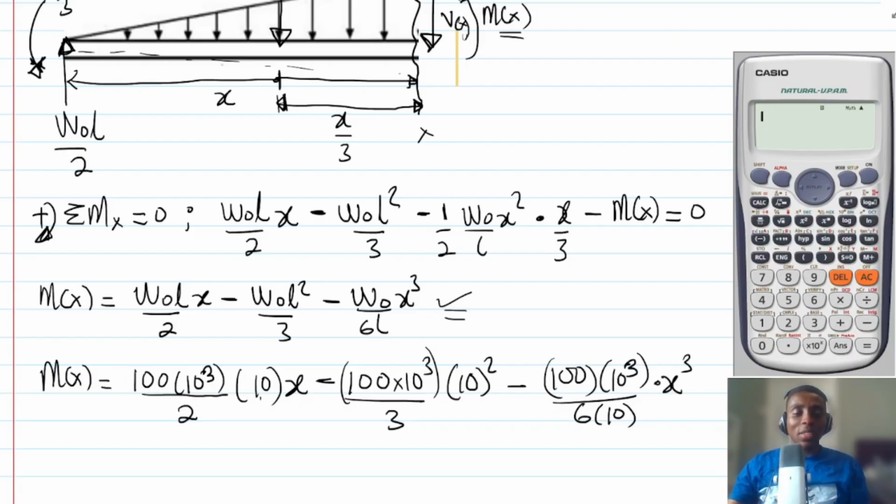So actually this is the moment function. Let's bring it down. It's going to be 100 multiplied by 10 to the power 3, divided by 2, and then multiplied by 10.